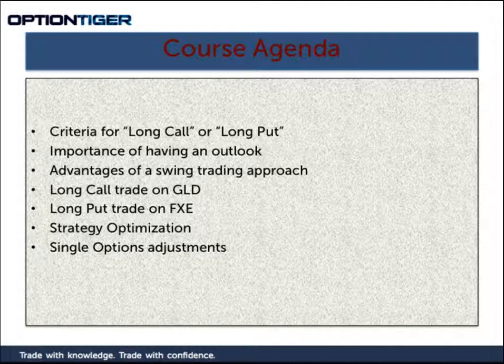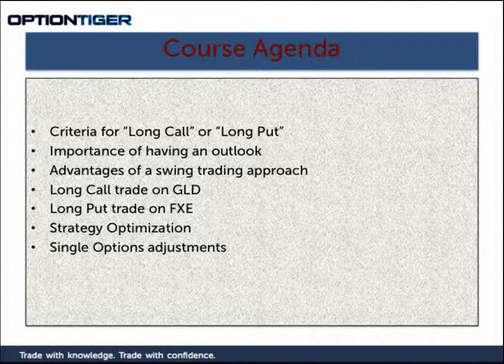So a swing trading approach really takes advantage of 1 month cycles or 2 month cycles in any given stock or the market. And it is these cycles that allow you to either take a bullish strategy, or you can take a bearish strategy, and the time frame for that strategy is somewhat limited, maybe 2 weeks, maybe 4 weeks, maybe 8 weeks.